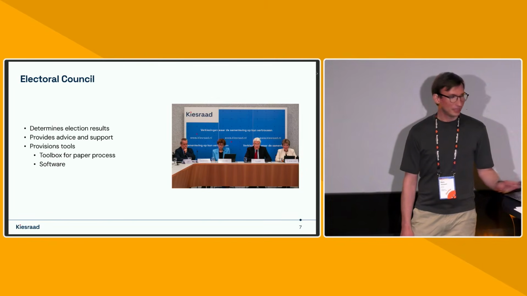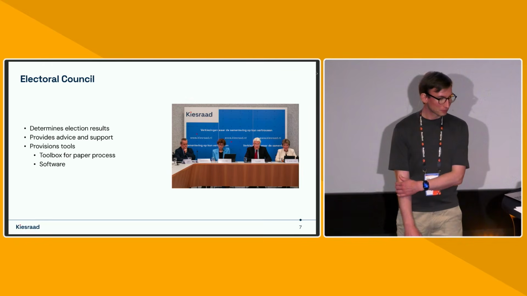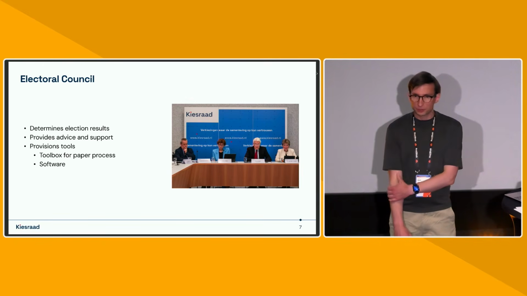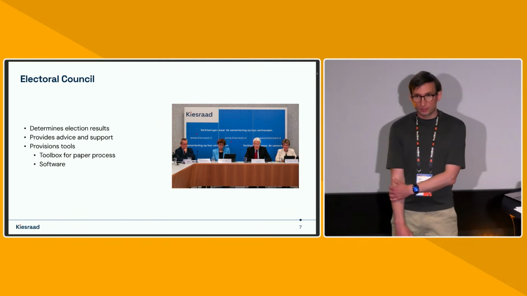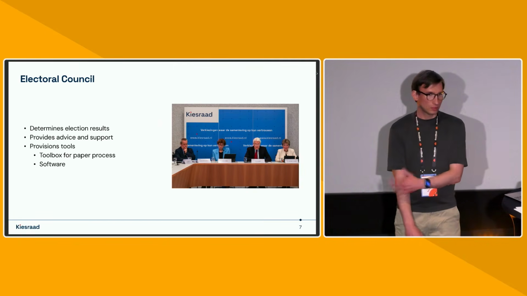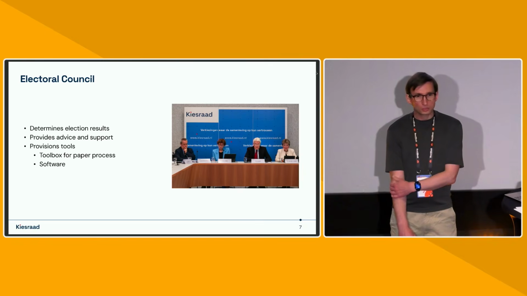So this is where the Electoral Council comes in. The Electoral Council determines election results. So they're the Central Electoral Committee. They provide advice and support, advice on how law is written, and they provision tools. They provide a toolbox for the paper process.